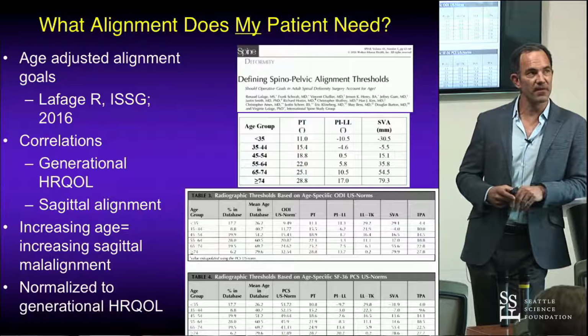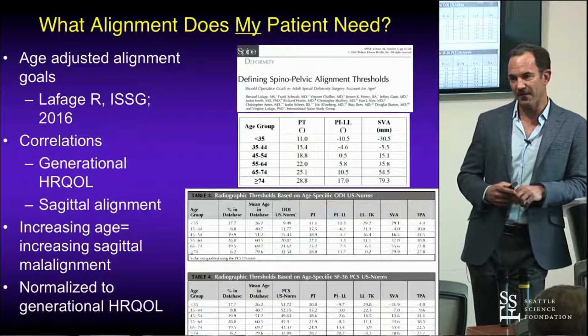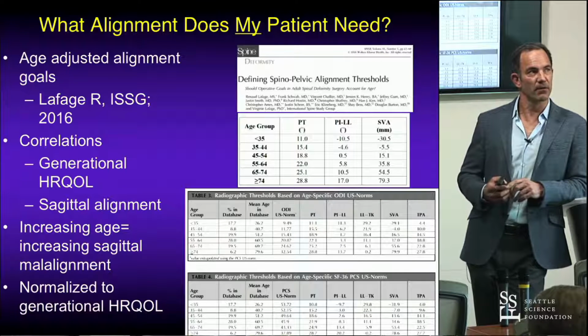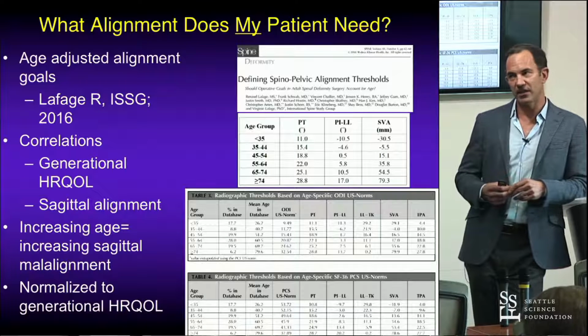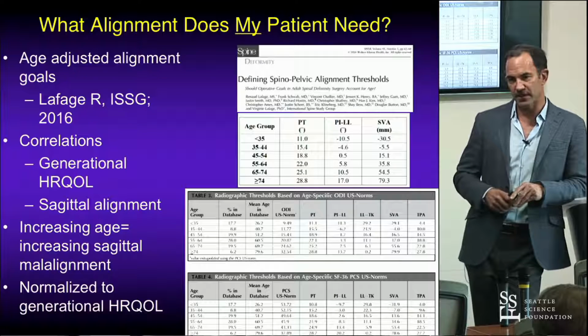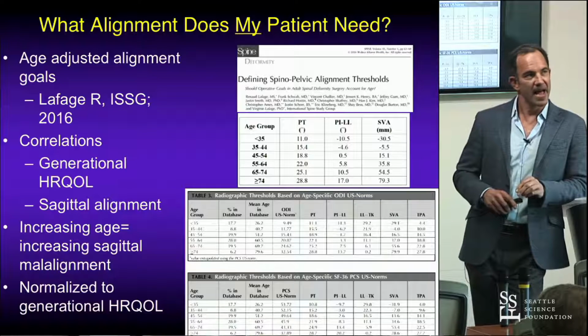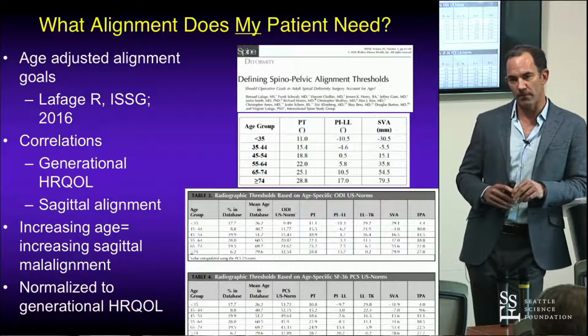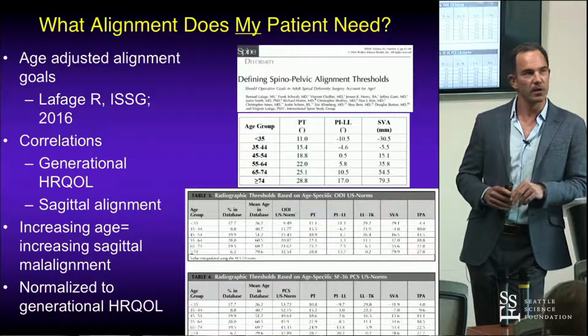What's evolved in this, and it's probably worth handing this slide out to you or looking up the reference, Renaud Lafage, which we did with the ISSG in 2016, is we correlated generation-specific HRQOLs, health-related quality of life metrics, using SF-36. Then we found those patients who were within generational norm and what their sagittal parameters looked like.